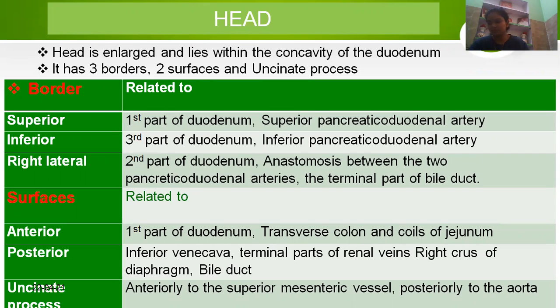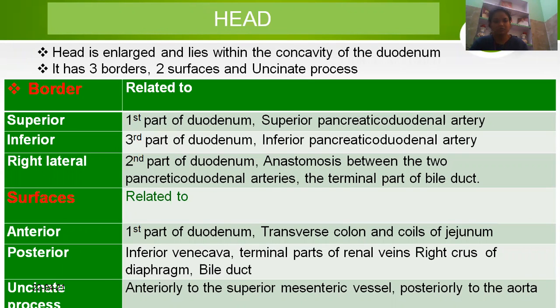It has two surfaces, free borders, and one uncinate process. Now we will talk about the relation of the borders of the head to other parts of the body.